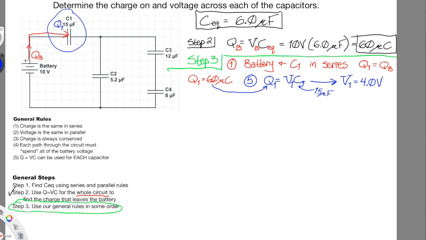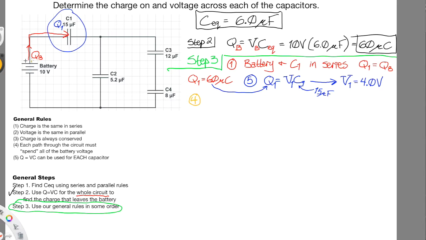So there are 2 steps that we've done so far. Now we need to move on to the rest of these capacitors. One thing we could do here is use, let's go to this orangish yellow color, our rule that for each path through the circuit, all of the voltage you get from the battery has to be spent.